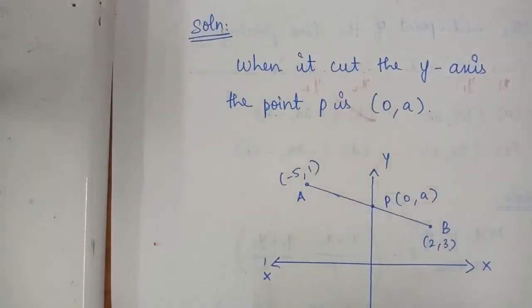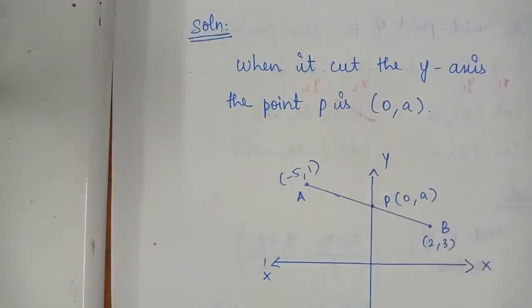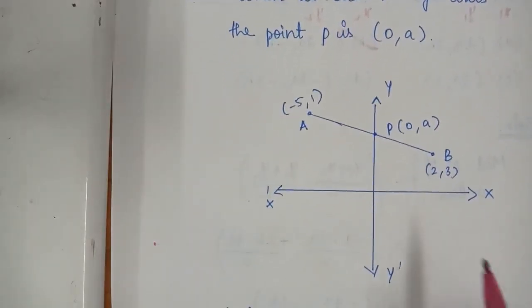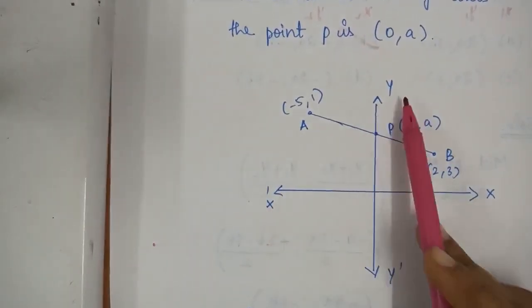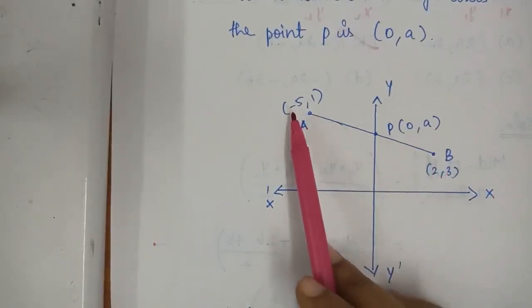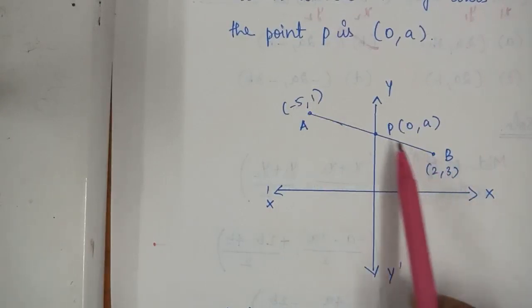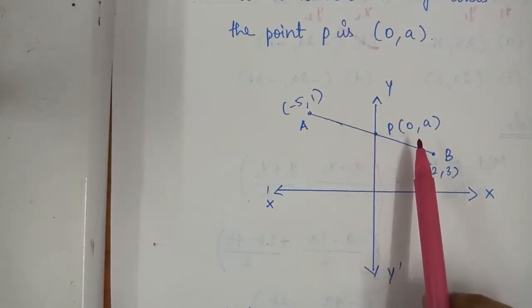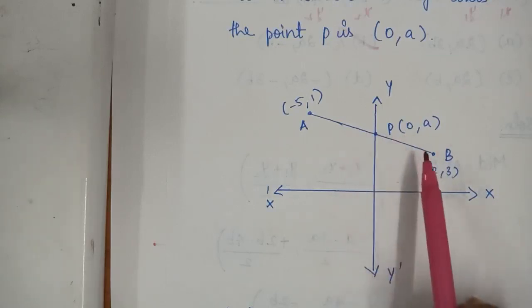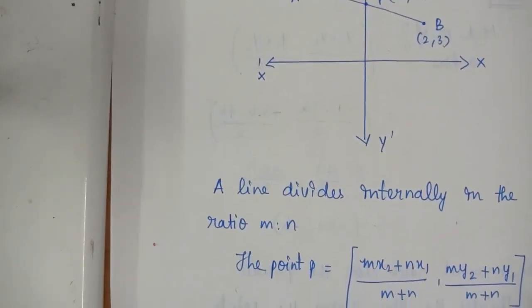So solution, when it cuts the y-axis, the point P is (0, a). So consider the figure x'x, y'y. We have the line AB, point A is (-5, 1) and point B is (2, 3). You have the point P (0, a), it cuts the y-axis. So the line divides internally in the ratio m is to n.